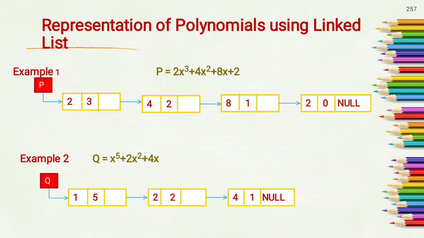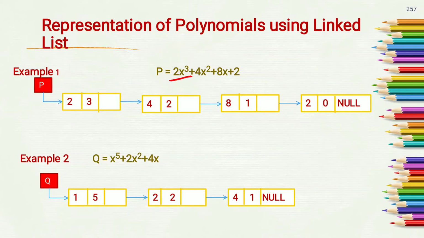So first we see how to represent any polynomial with the help of linked list. Suppose we have a polynomial p equals to 2x cube plus 4x square plus 8x plus 2. So here we know that each node of polynomial linked list contains 3 fields. First coefficient field, then exponent field, and then pointer to next node.